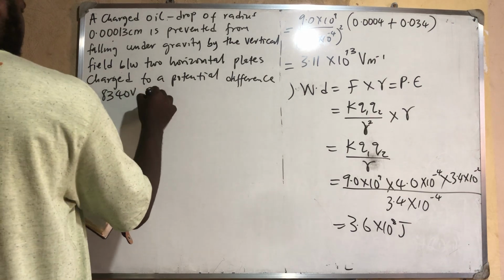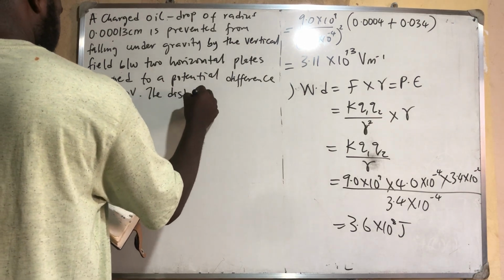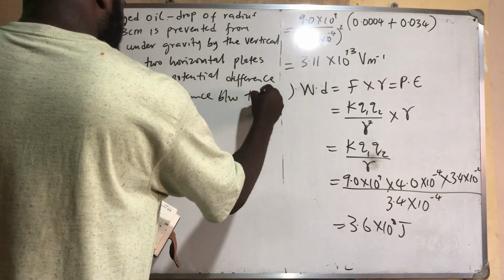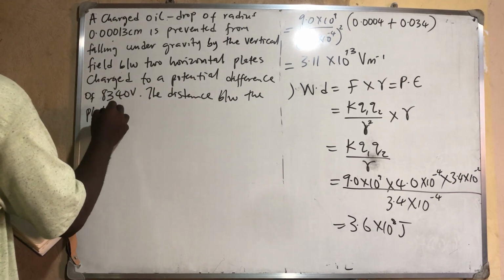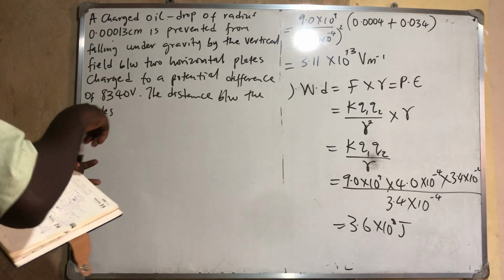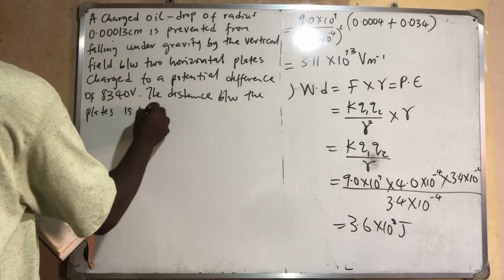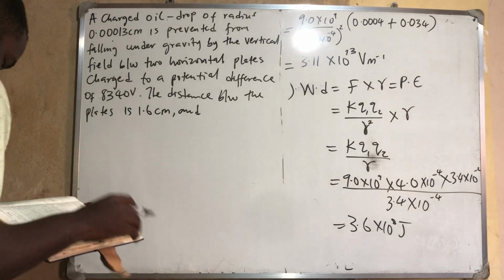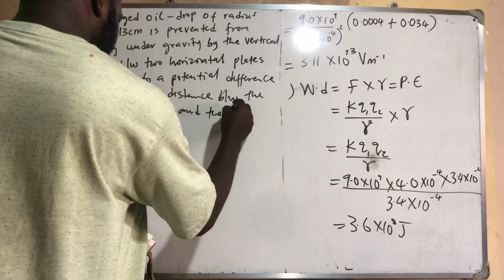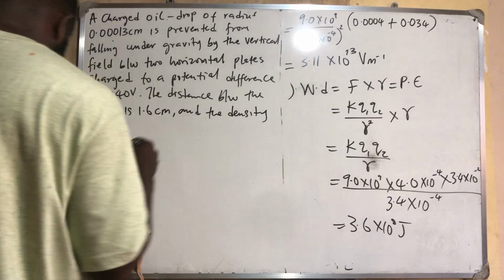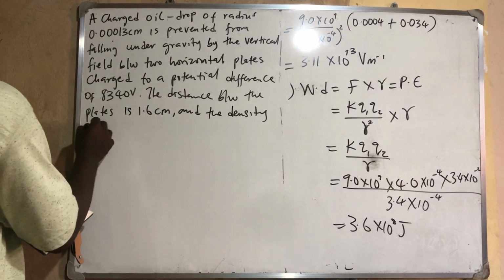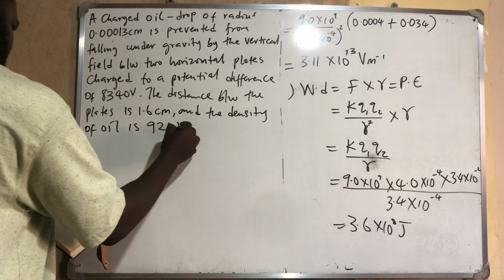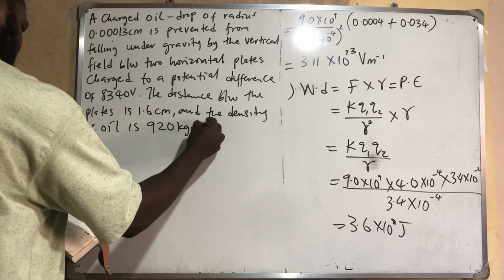Then I say the distance between the plates is 1.6 cm, and the density of oil is 920 kilogram per meter cube.